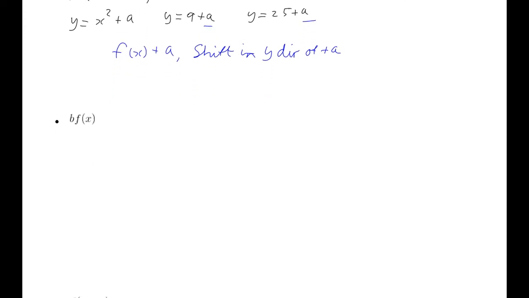So moving on to our next one, b f of x. Let's have a look at a specific one again. So let's say again that f of x equals x squared. Well, now we've got y equals bx squared.